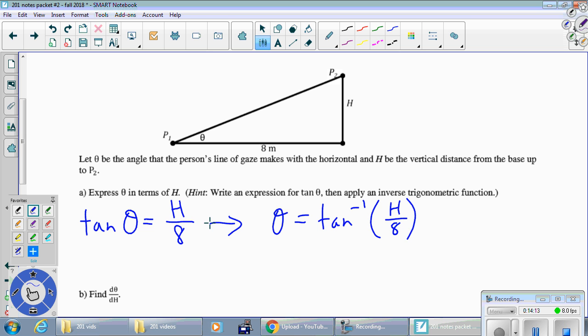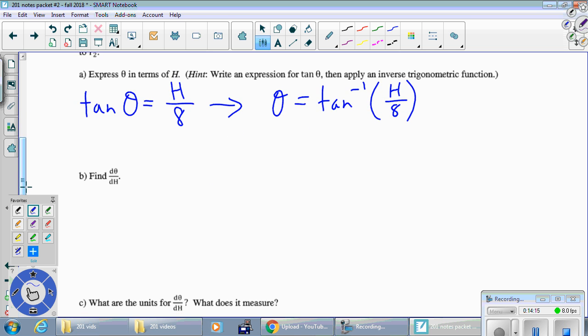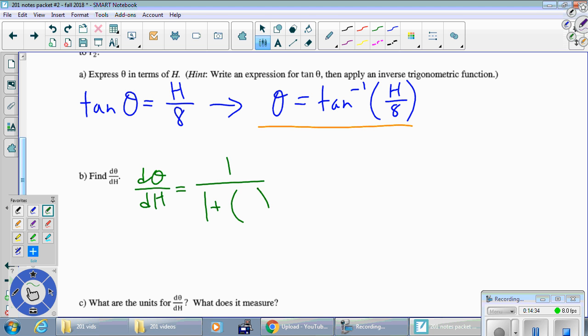In part B, we're finding the derivative of theta with respect to h. So that means find an equation that has theta equals and take its derivative, where h is your variable. And so that equation is this one here, underlined in orange. And so the derivative of inverse tan of stuff is 1 over 1 plus the stuff squared.